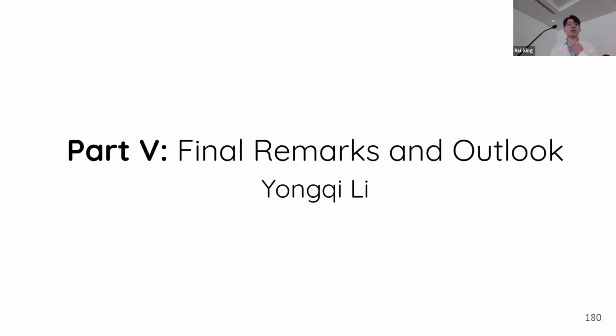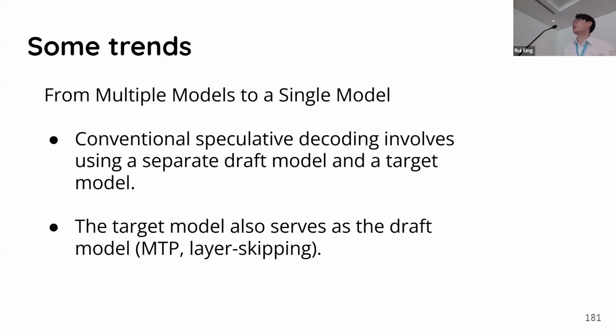The final part of this tutorial: final remarks and outlook. I summarize some trends in speculative decoding. First, from multiple models to a single model. In conventional speculative decoding, there are two standalone models, one is the draft model and the other is the target model.